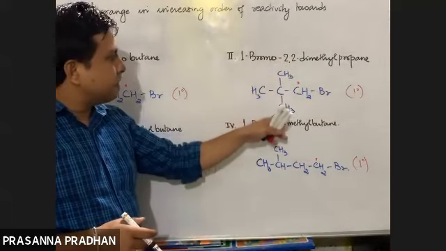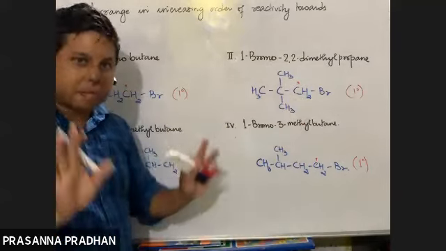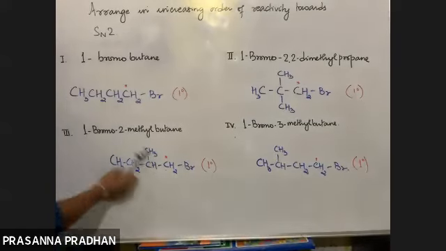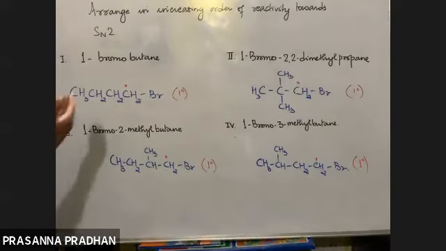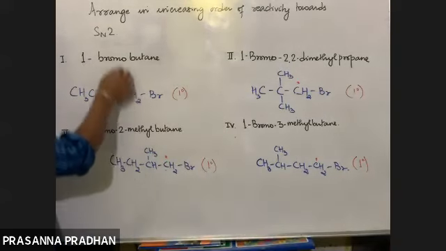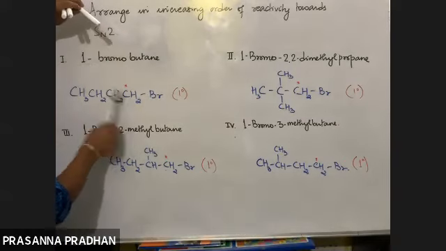Due to the branching, it becomes very difficult for the nucleophile to attack this carbon. Got my point? Now in these cases there is a single branching, so we can easily compare the reactivity. This is far more reactive than this because this is a straight chain without any branching. If there are no branches like this, the nucleophile can easily attack here.